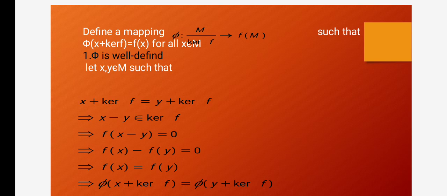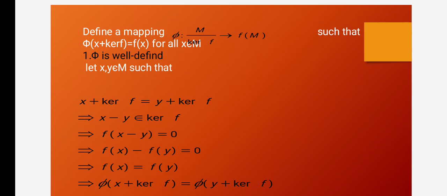Let's begin. Phi is well defined. We consider two elements of M upon kernel f. x plus kernel f equals y plus kernel f implies x minus y belongs to kernel f. Then any member belonging to kernel f, by the definition of kernel f, has image 0.